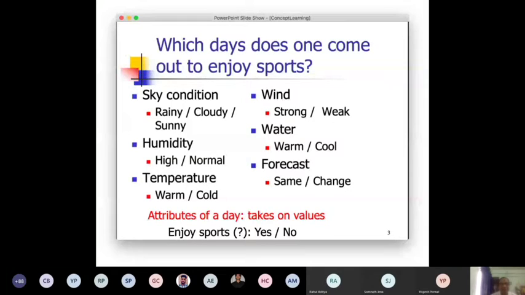So the question would be answered in the form of yes or no, a kind of binary answer. A Boolean variable can capture this concept well. These attributes are mostly the concepts.